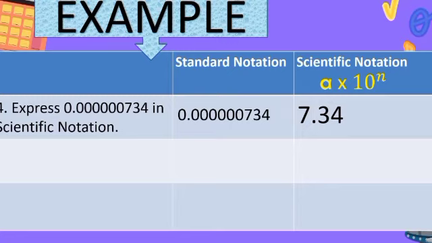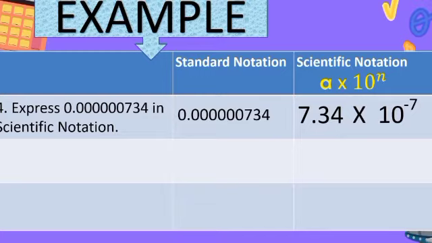So, 7.34, yun yung ating magiging significant digit times 10 to the, ayan, bibilangin natin yung movement ng decimals. So, 1, 2, 3, 4, 5, 6, 7. So, ibig sabihin, negative 7 ang ating exponent. So, kapag ang standard notation natin is small numbers, na small pa sa 0, ibig sabihin, ang magiging exponent natin ay negative.